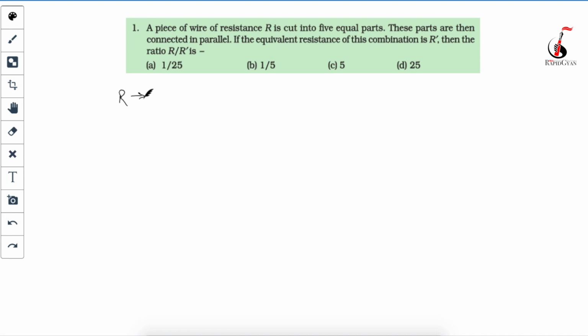So what will be the resistance of one piece? The resistance of one piece will be R upon 5. So I can simply say that R1 is equal to R upon 5. Similarly, R2 will also be equal to R upon 5, and in this way, R5 will also be equal to R upon 5.